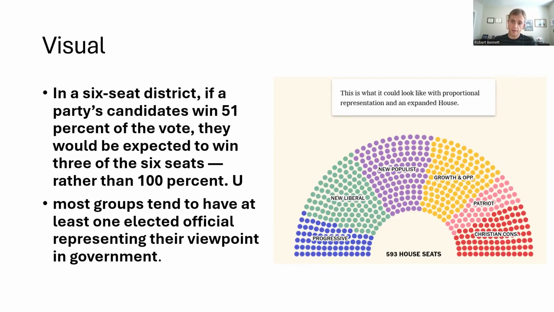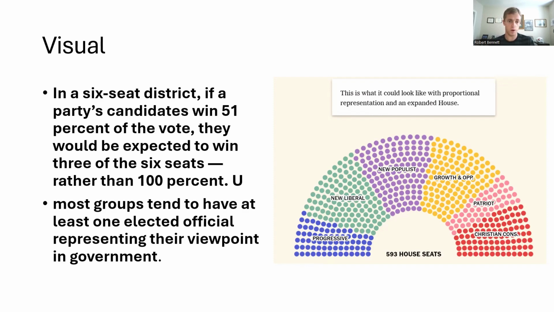All right, guys. So I just want to use this PowerPoint presentation as a chance to really explain some of the nitty-gritty details about how proportional representation works. Probably the best place to start is simply with a visual and a couple explainers about it. All right. So, like I mentioned previously, say it's a 6-seat district.